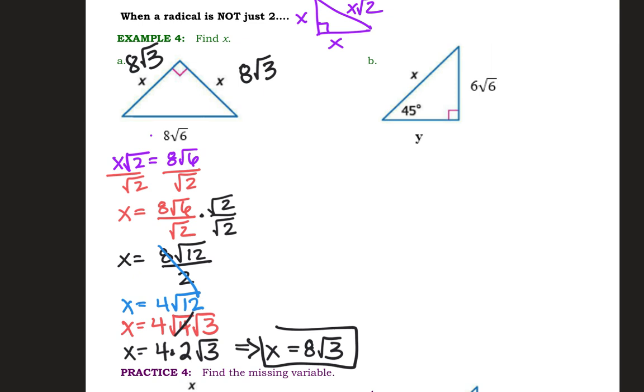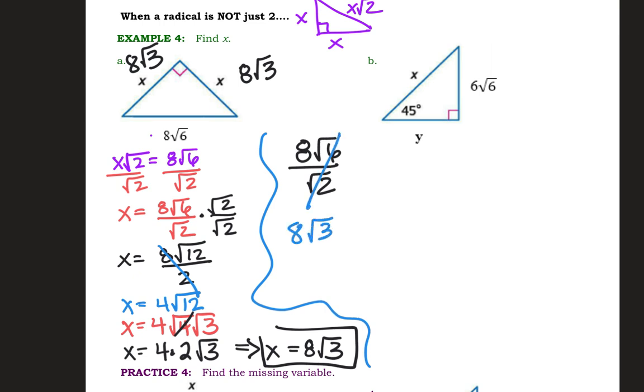Now, one thing we could have also done, I kind of talked about this on our last lesson, or our last day on our last classwork, was that if you have 8 square root of 6 over square root of 2, you could reduce your square roots. That would be 8 square root of 3 over square root of 1. What's the square root of 1? 1, correct. So if I have 8 square root of 3 divided by 1, don't you still have 8 square root of 3?